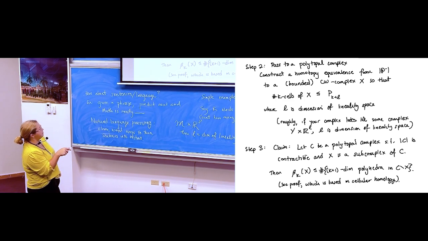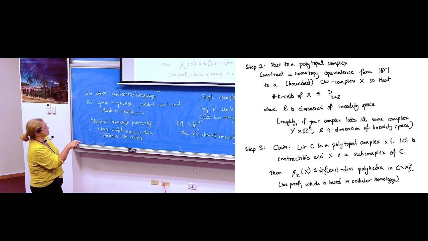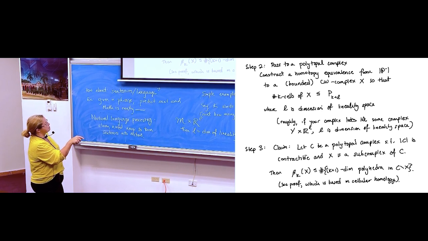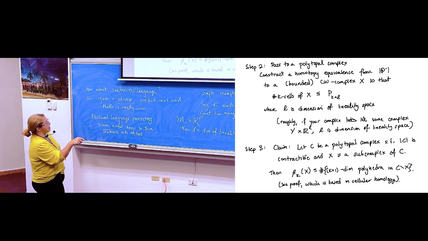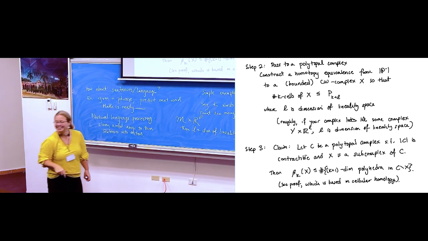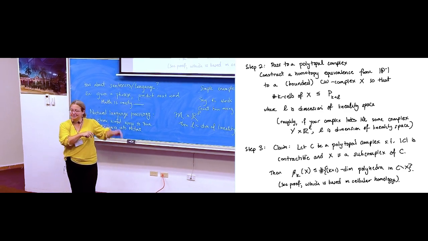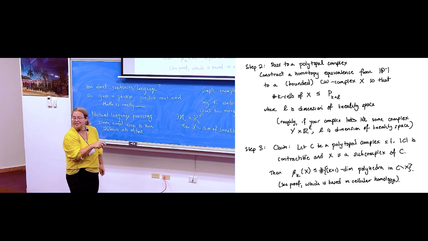You can argue that the kth Betti number of this set is bounded above by the number of k plus 1 dimensional polyhedra in the positive part. I'm not going to prove this. It's a long proof using cellular homology.